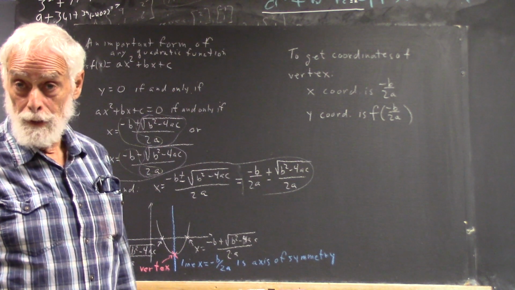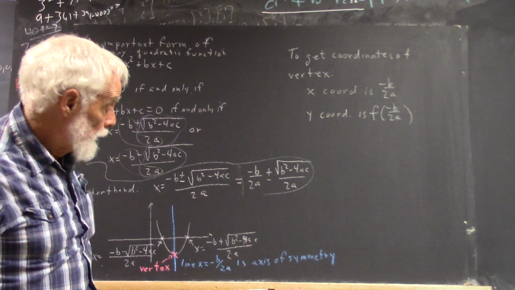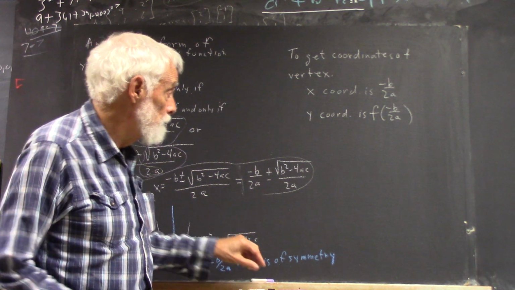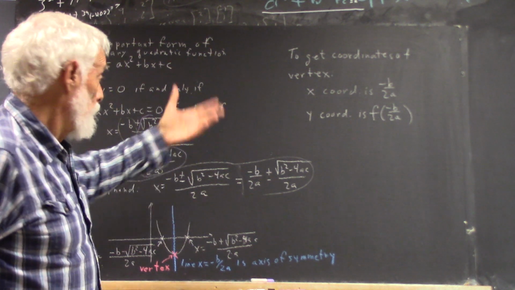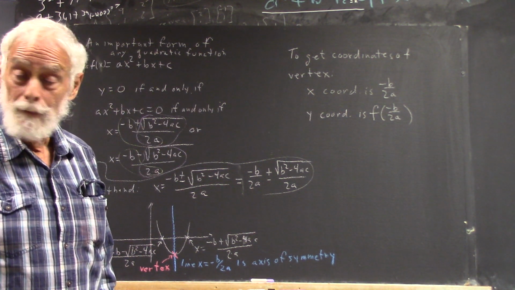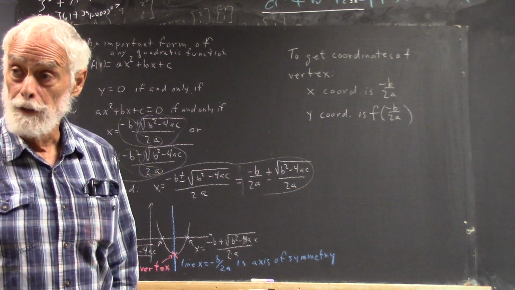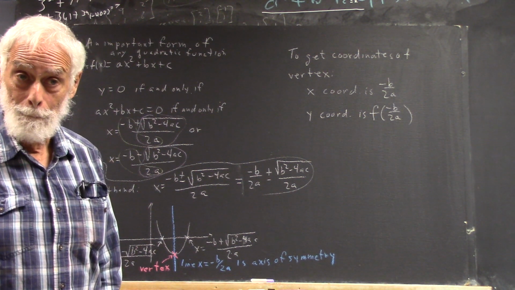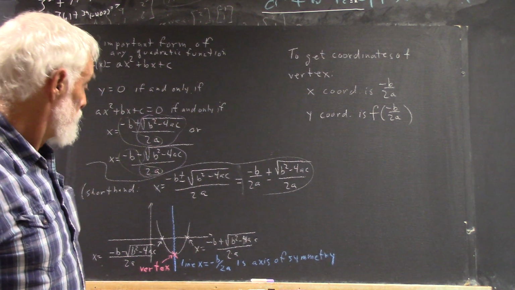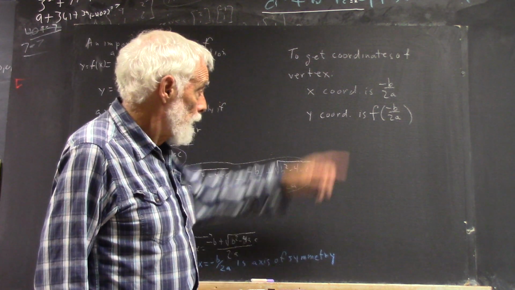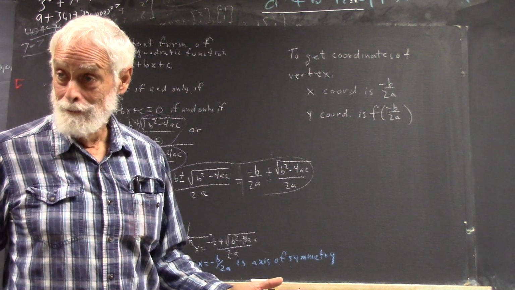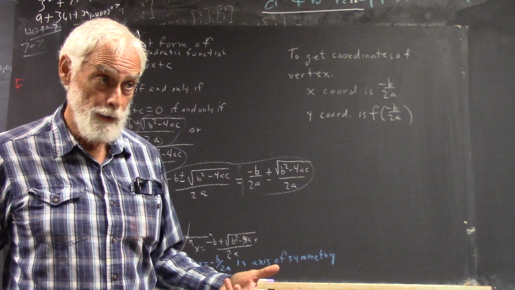Okay? So what I'm going to ask you to do for homework for next time, simply, I'm going to give you a couple of quadratic functions, okay? Ask you to find their zeros, okay? Then ask you to find negative b over 2a and show that it's halfway between your zeros, okay? Reinforce that idea.